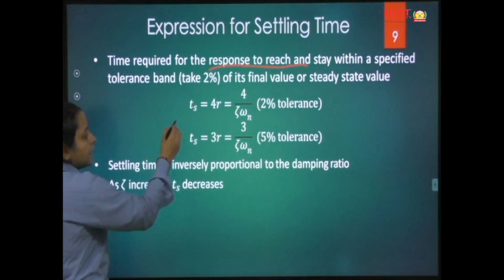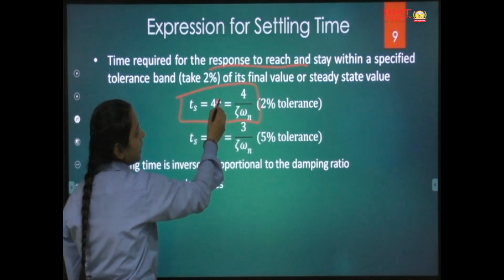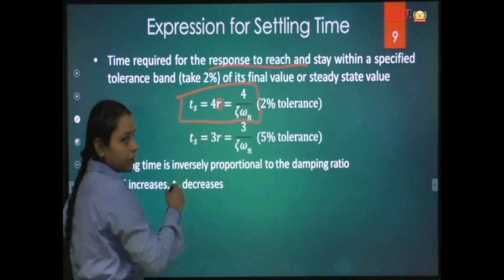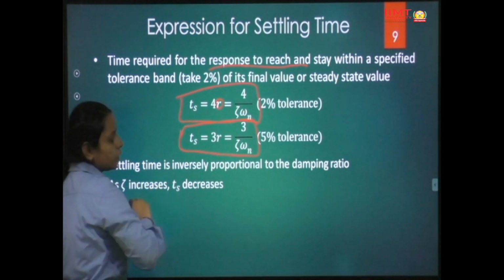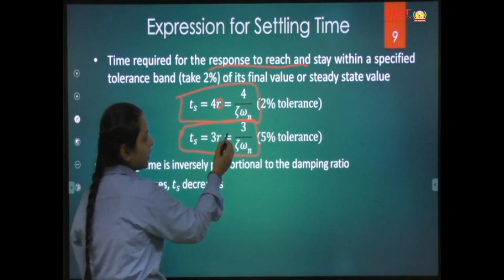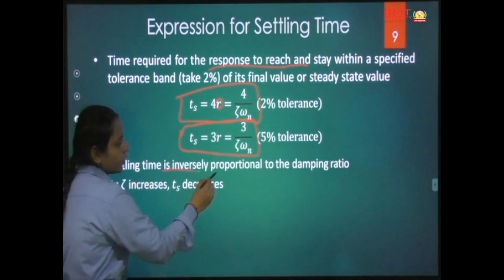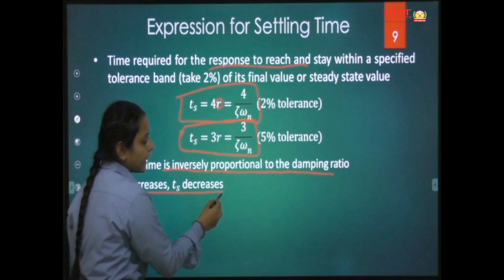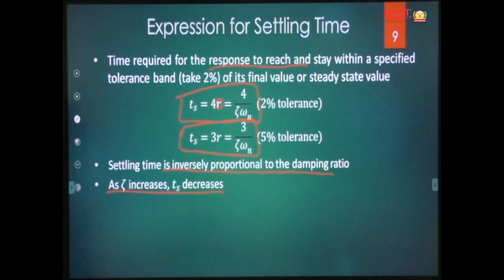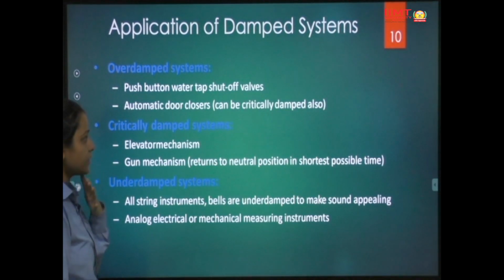So here Ts is equal to, for 2% tolerance band, 4 tau, where tau is the time constant, which is equal to 4 upon zeta omega n, and for 5% tolerance band it is equal to 3 tau, where tau is again the time constant, 3 upon zeta omega n. Settling time is inversely proportional to damping ratio. As zeta increases, settling time decreases. So these are the specifications for the time response analysis of a second order system.